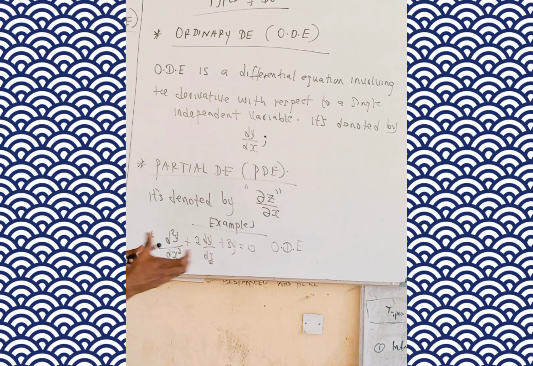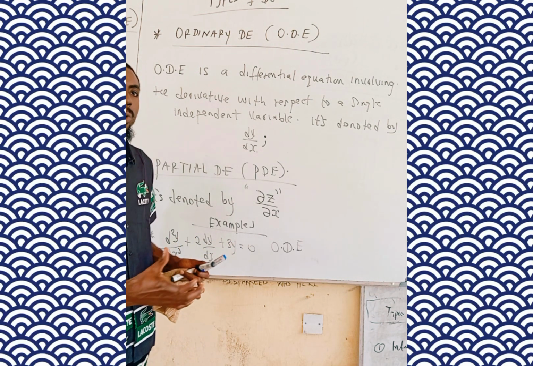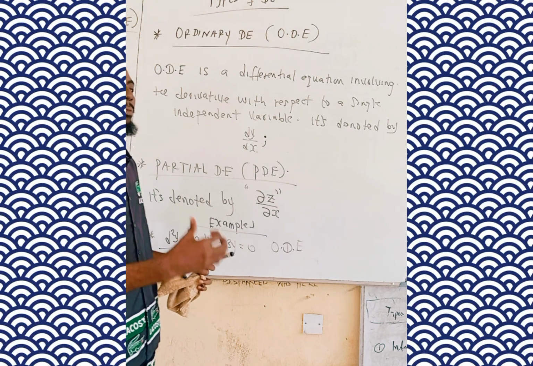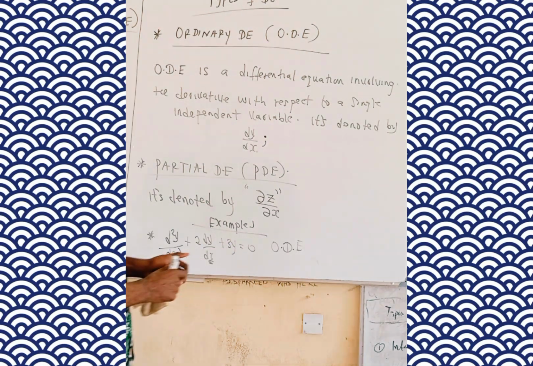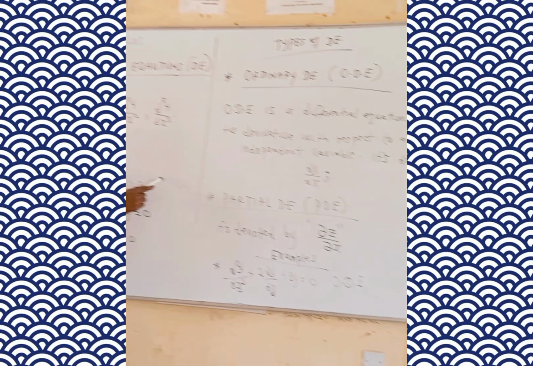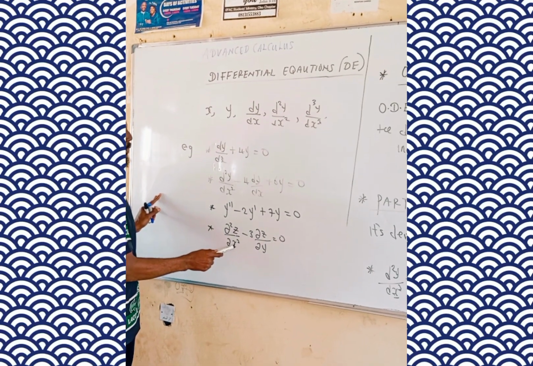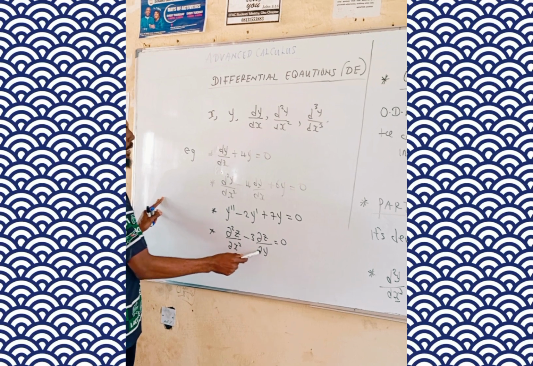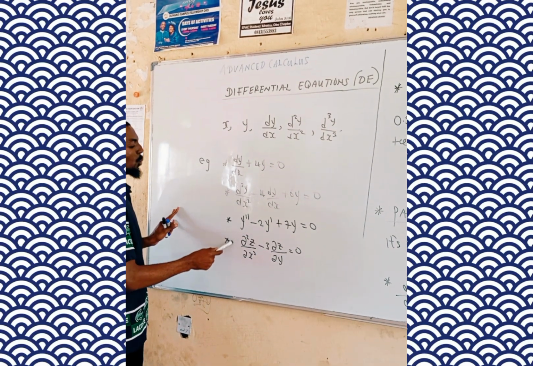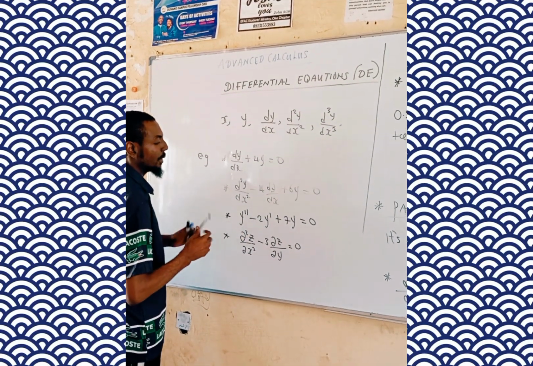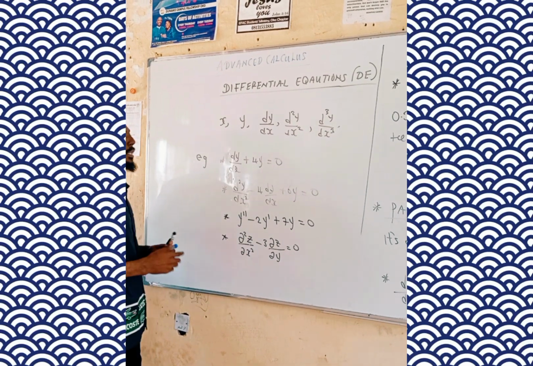When we have two different independent variables, we talk about a partial differential equation. Watch the examples I gave at the beginning. If you watch here, you find out that we have two different independent variables. So this particular equation is a partial differential equation. You can even use this as an example.